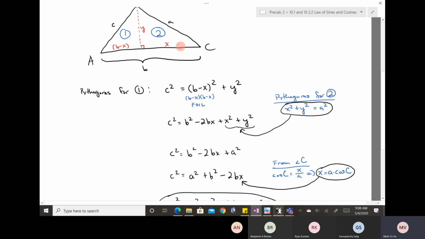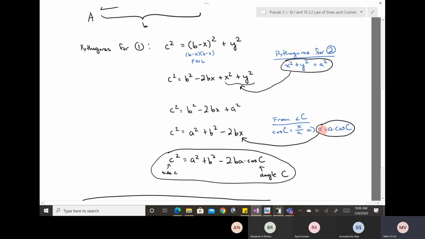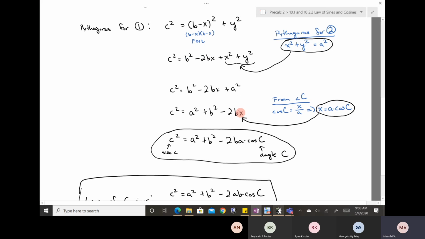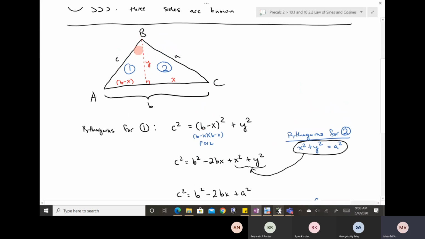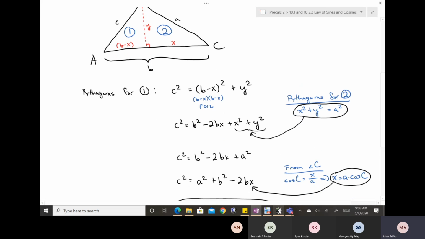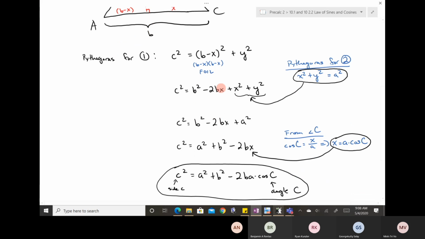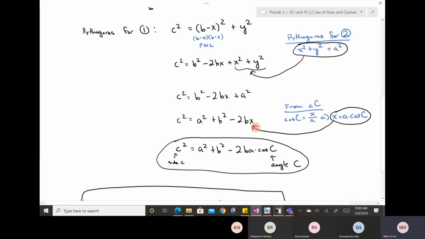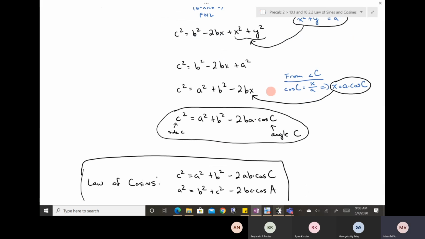So cosine of angle C is x over a. And then using this to replace x. The reason you do this is because you want everything relating back to the original triangle. So plugging this in for x, this is where the law of cosines comes from.